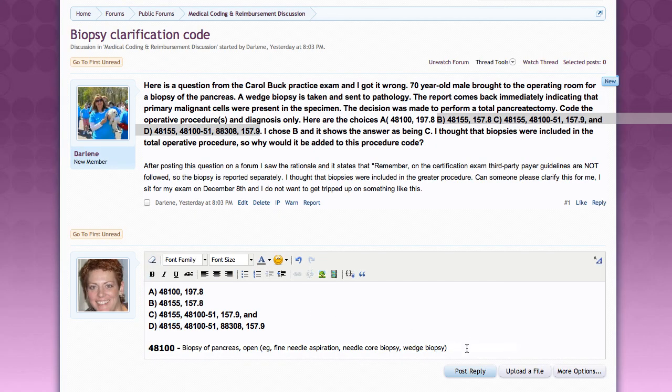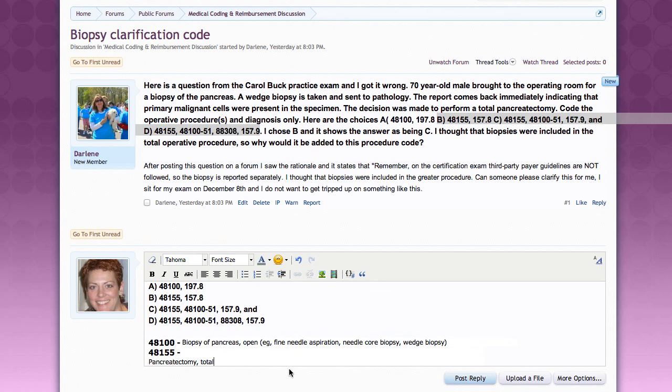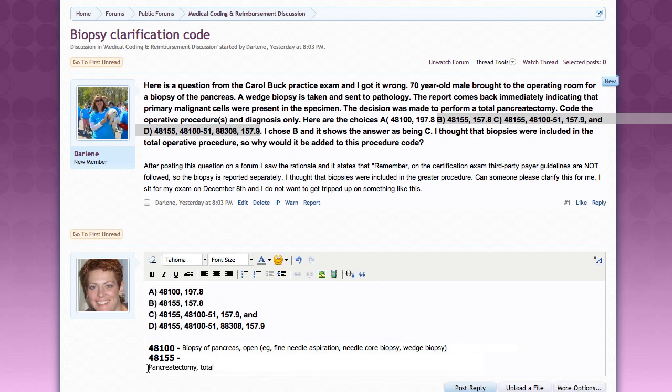So we got the biopsy and we got the total. Let's take a look at any notes that would give us a clue as to is this biopsy of the pancreas bundled into the total pancreatectomy.